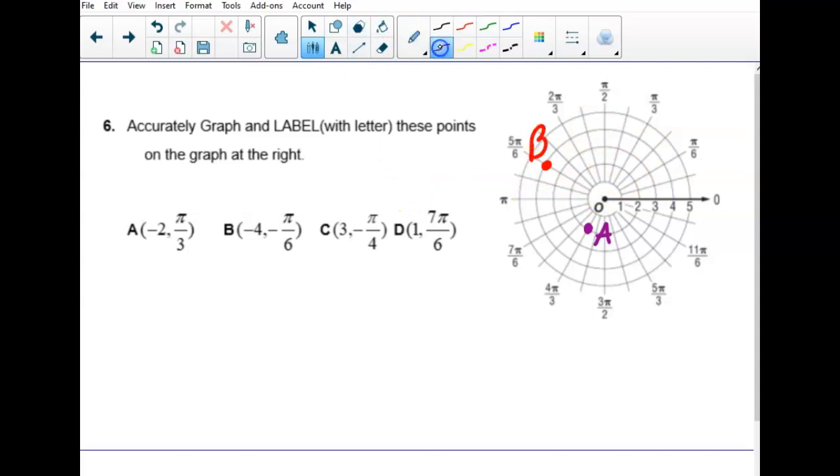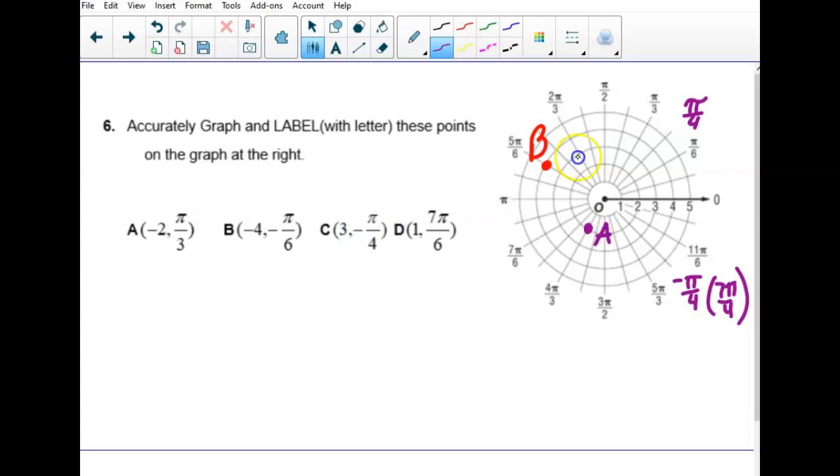Negative pi over 4 is labeled what? It's not labeled. But pi over 4, look at your unit circle if you need to. Pi over 4 is here between pi over 3 and pi over 6. So negative pi over 4 would be here. Also called 7 pi over 4 on your unit circle.